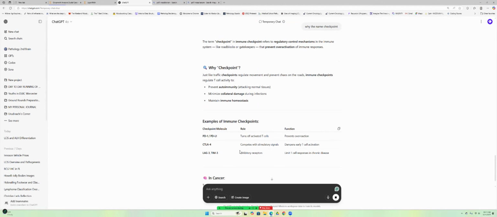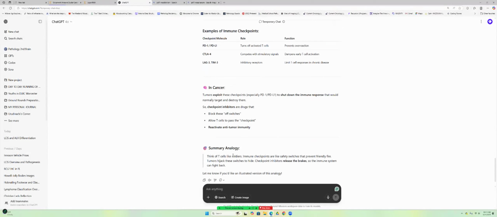How do PD1 inhibitors work? We have PD-L1 inhibitors and PD-1 inhibitors.